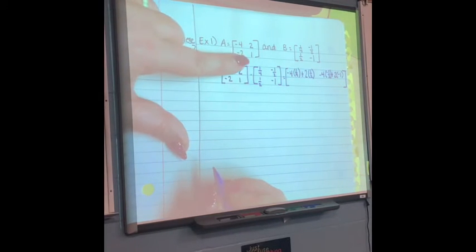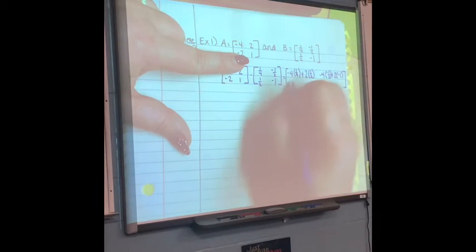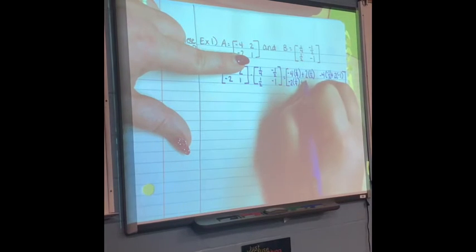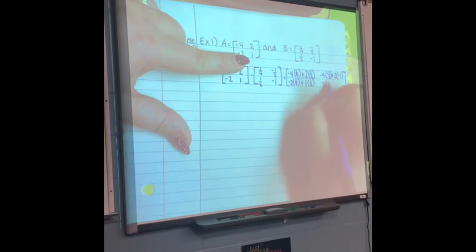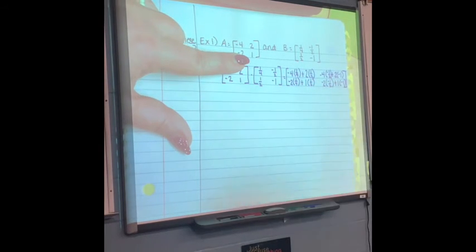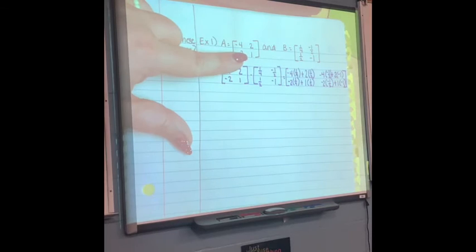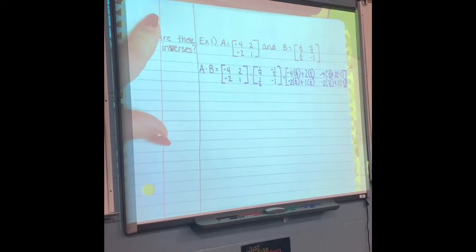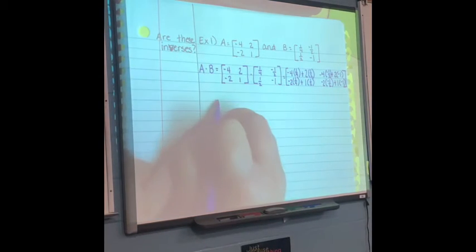Now row 2, column 1: -2 times 1/4 plus 1 times 1/2, and negative 2 times negative 1/2 plus 1 times negative 1. Everybody still with us? All right.